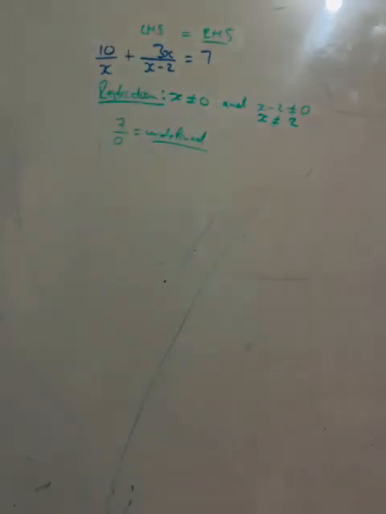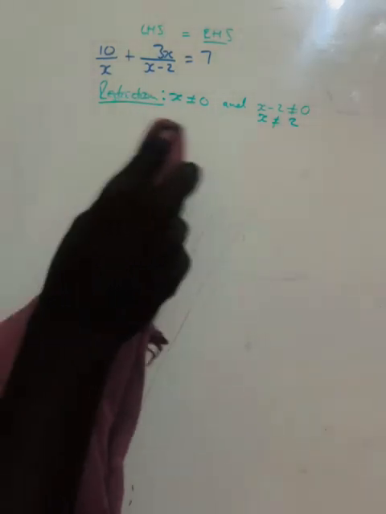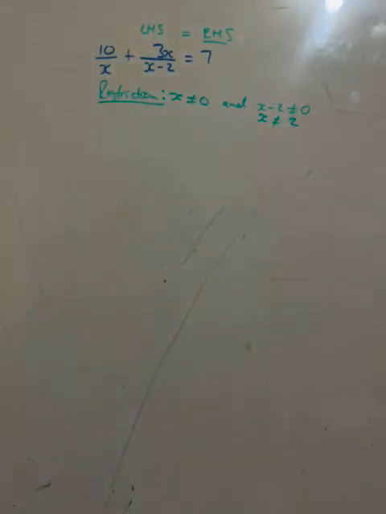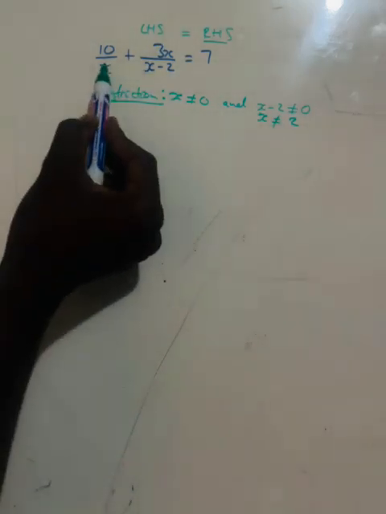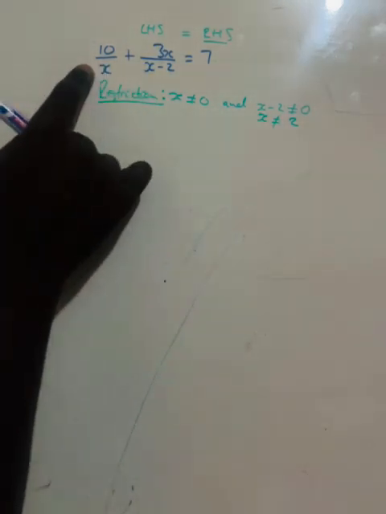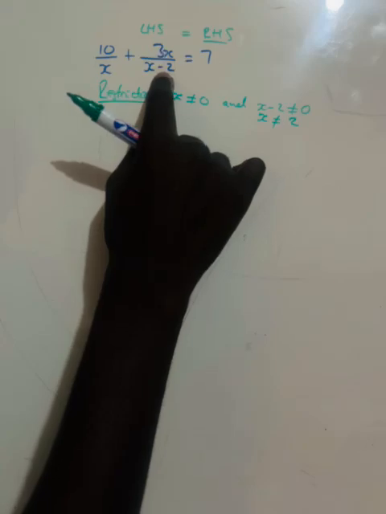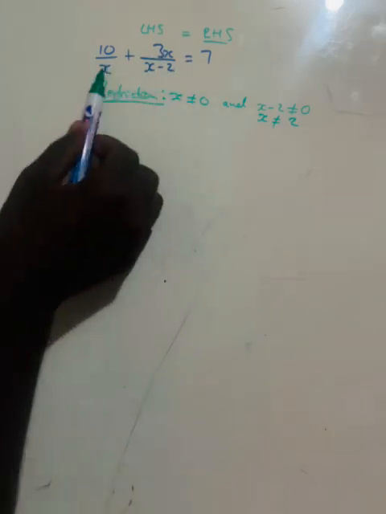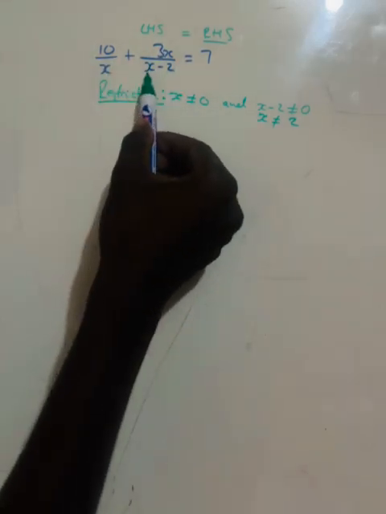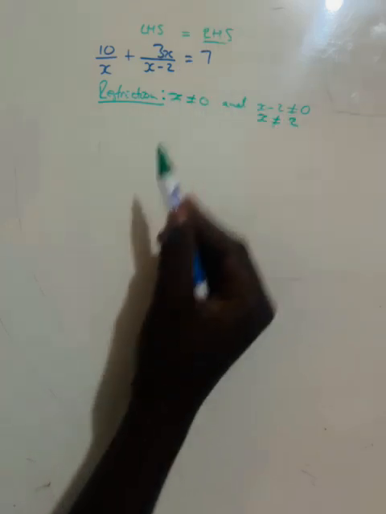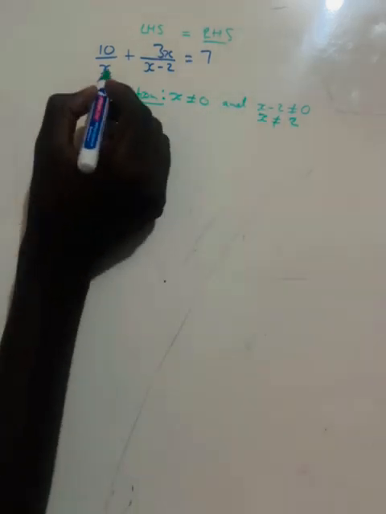Now that the restriction is out of the way, what do we do? Now, the second thing that we need to do here is to go ahead and multiply. Here on this denominator, we've got x. However, check, on the second term, we've got x minus 2. So the first denominator is lacking these factors of x minus 2. So when we're going to multiply, we're going to multiply with this x.